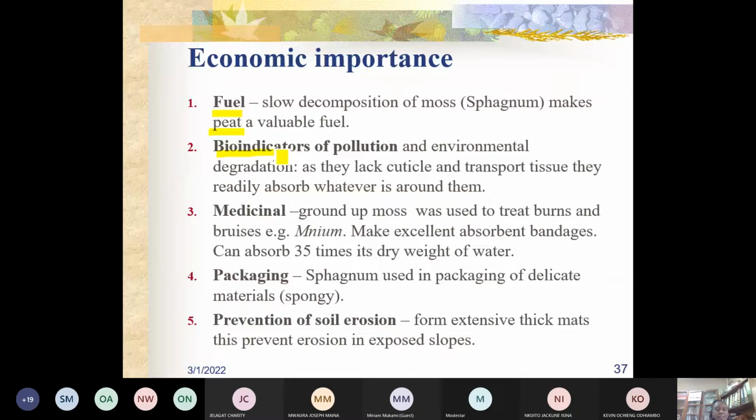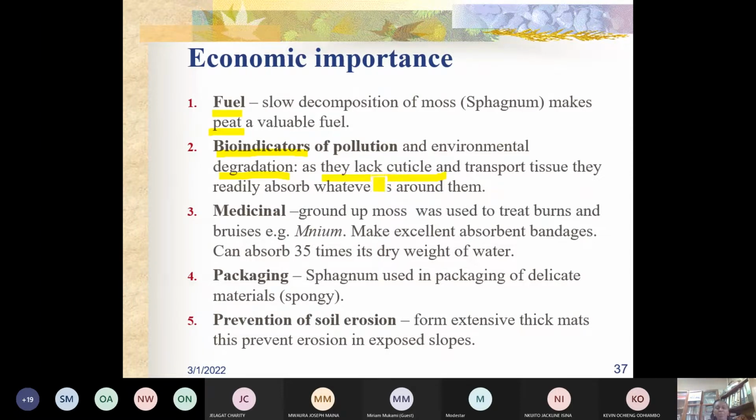Secondly, they are good bioindicators of pollution and environmental degradation. Once their environment changes, they will degrade. They will die, or they will not grow well. One of the reasons is that they lack the cuticle.